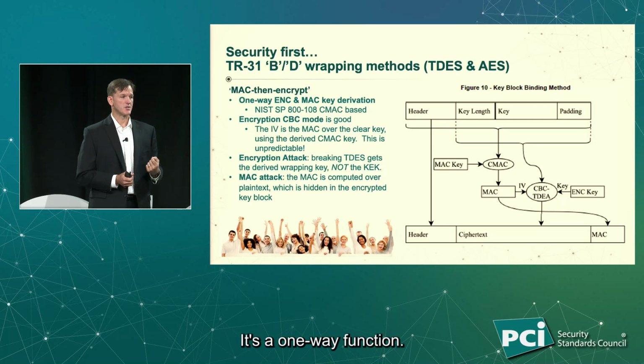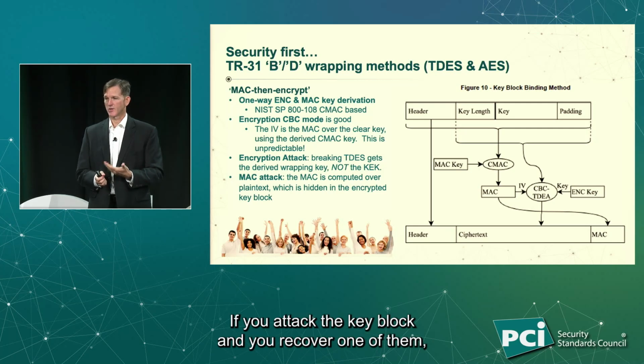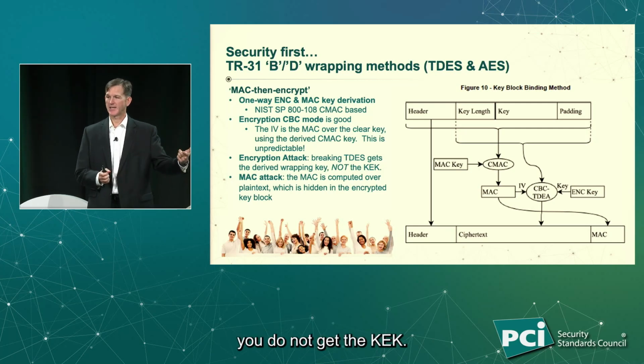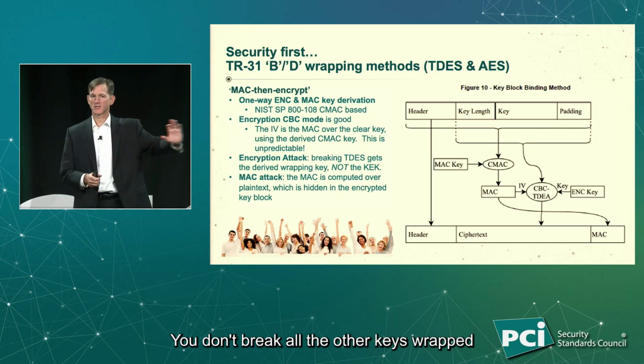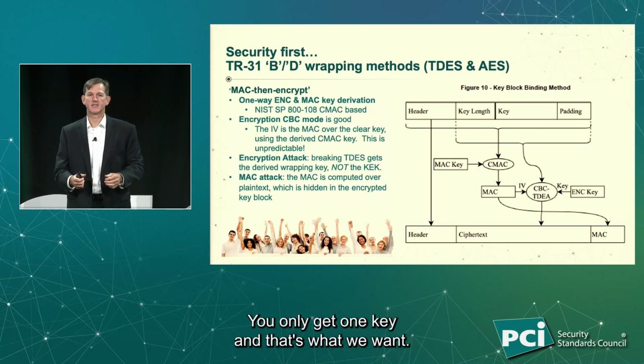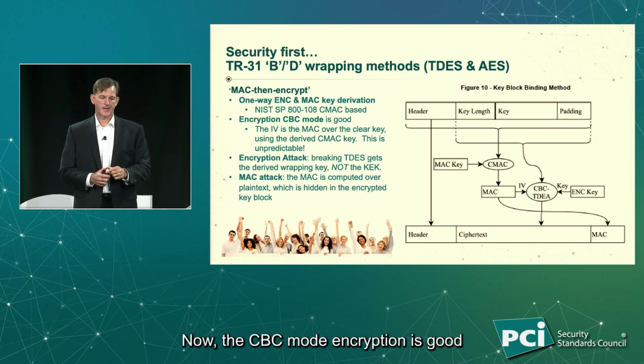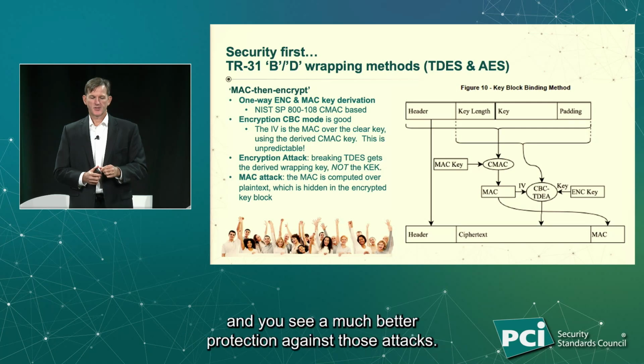It's a one-way function. So these encryption keys and MAC keys, if you attack the key block and you recover one of them, you do not get the KK. You don't break all the other keys wrapped with that KK, like you do with the A wrapping method, right? You only get one key, and that's what we want. One key exposed if you do that break. Now, the CBC mode encryption is good, and you see a much better protection against those attacks.